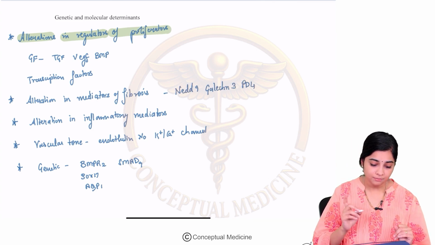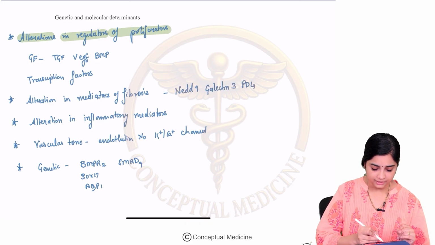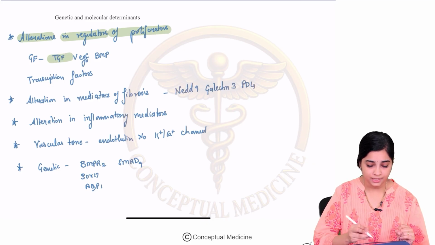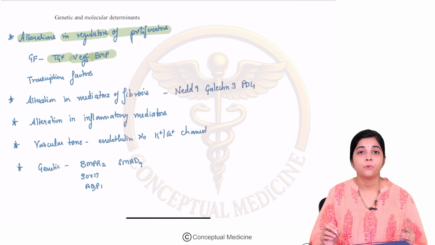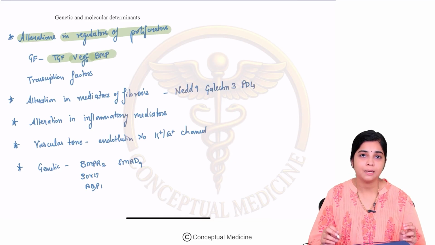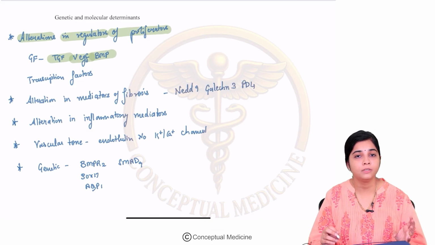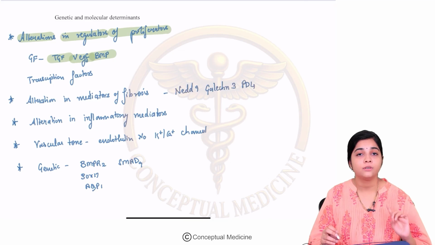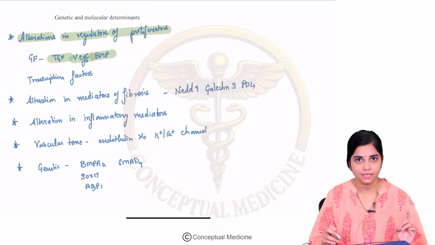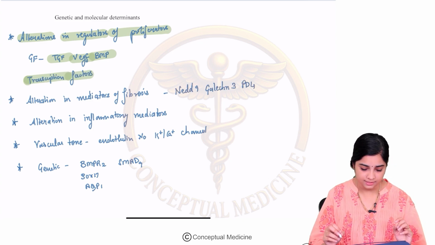So there can be alterations in the regulators of the proliferators, like growth factors such as transforming growth factor, vascular endothelial growth factor, and your bone morphogenetic protein. BMP is your bone morphogenetic protein. Many of these factors are altered in your secondary forms of pulmonary hypertension and also in your idiopathic forms of pulmonary hypertension. There can be alteration in the transcription factors as well.